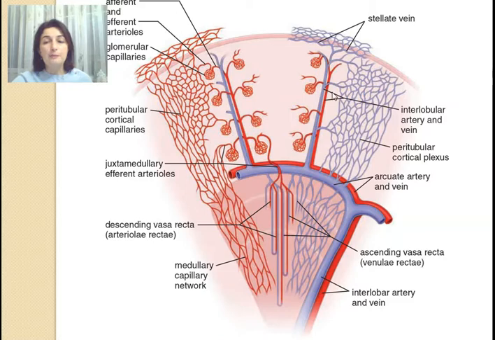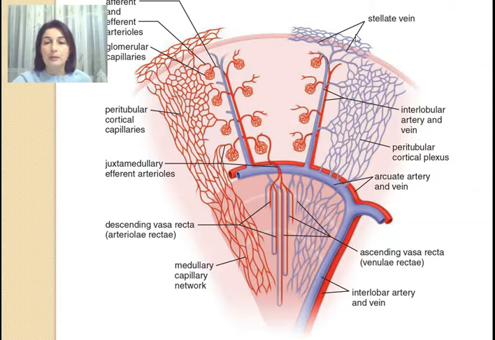In this picture, I would like you to pay attention to something else. Here we are looking at the superficial parts. From the interlobular artery there also arise vessels which will supply the capsule of the organ. So arteries also will arise and go toward the cortex to supply the cortex.